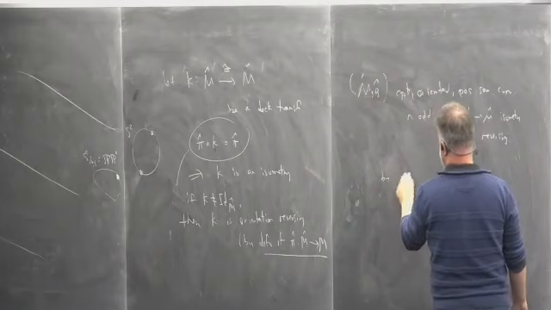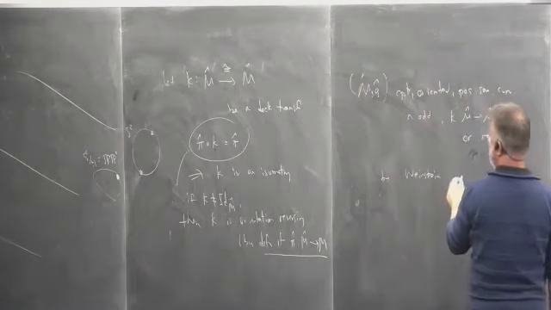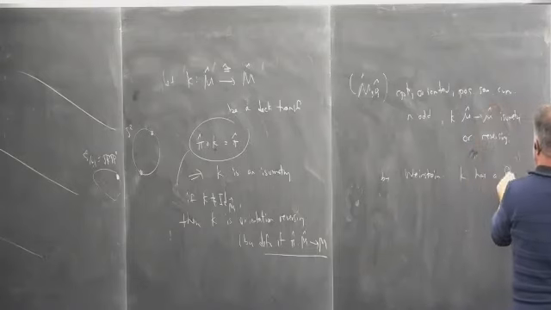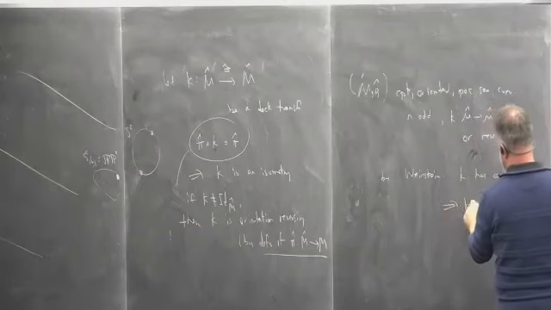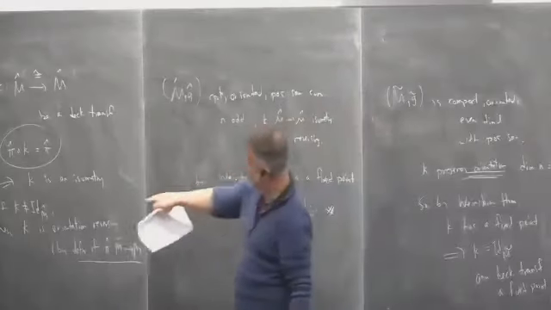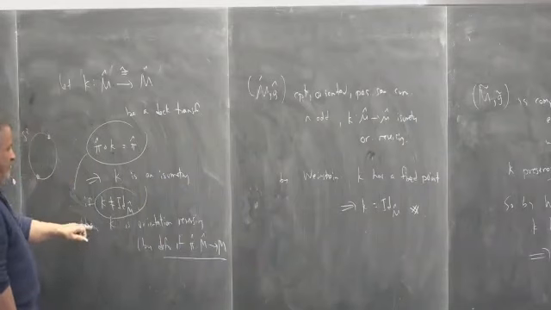So by the Weinstein theorem, K has a fixed point, but it's a covering map. That means K is the identity, and that's a contradiction, because I have to apply this for K not the identity.